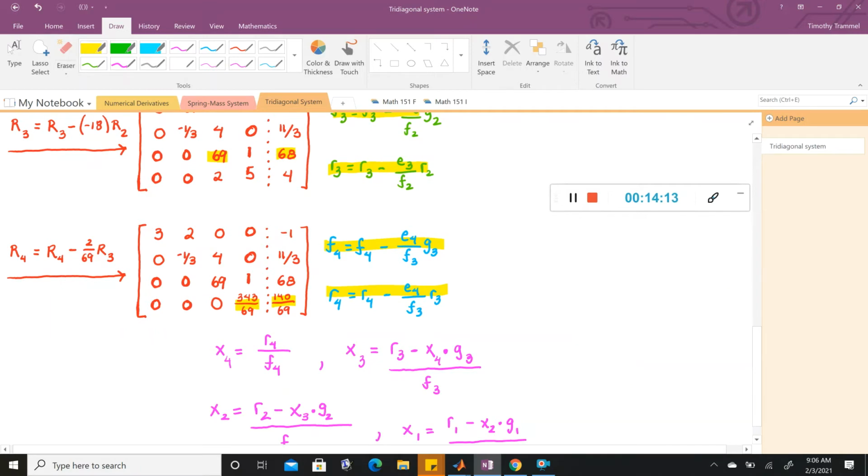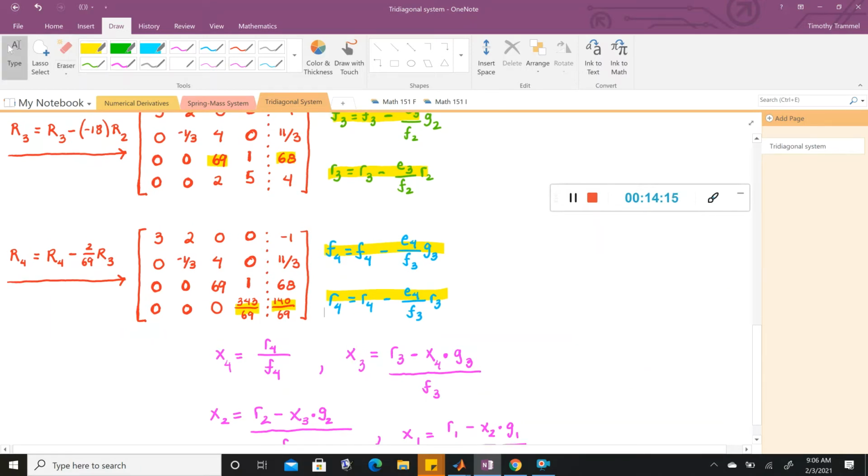So the next thing would be, how are we going to perform our back substitution? The answer is very simple. If I wanted to find x4 first, which is what I should do because that's what's available to us at the moment, I would just need to divide this number here, which is R4, by F4. And then we'd be solved for x4.